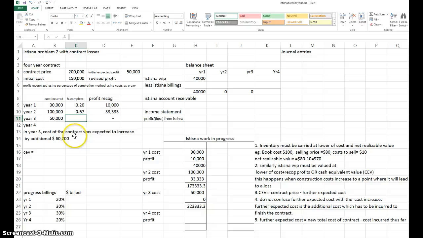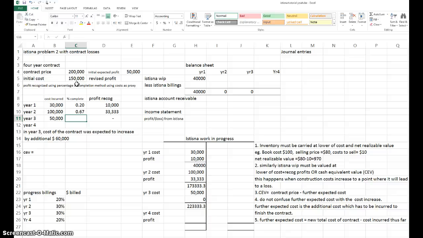So if you put another 60,000 to the initial cost of 150, you are going to get a total cost of the contract of 210,000, but the contract price is only 200,000. So 200 minus 210, you are going to get a loss of 10,000 at the final outcome of the contract.